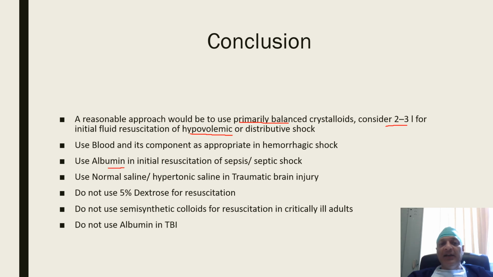Use albumin in initial resuscitation of sepsis and septic shock. Use normal saline and hypertonic saline in traumatic brain injury. Do not use 5% dextrose for resuscitation of adult critically ill patients. Do not use semi-synthetic colloids for resuscitation in critically ill adults. And do not use albumin in traumatic brain injury.